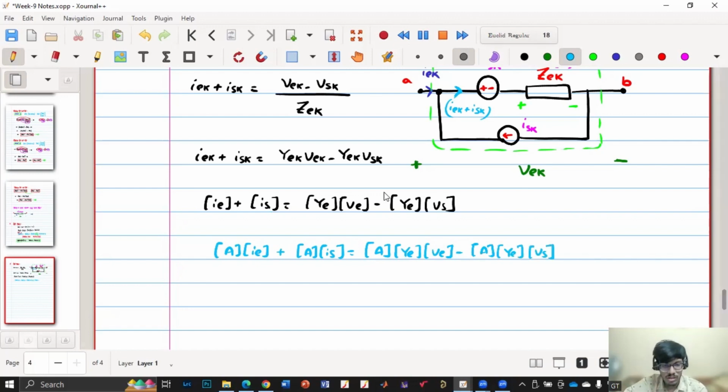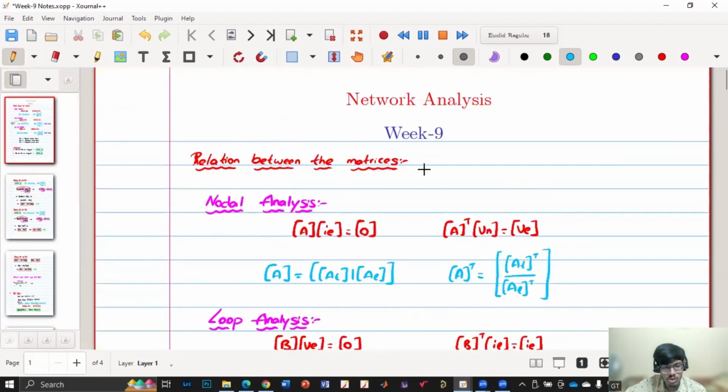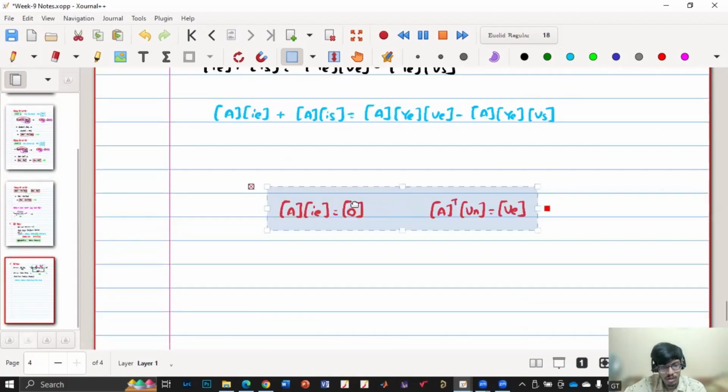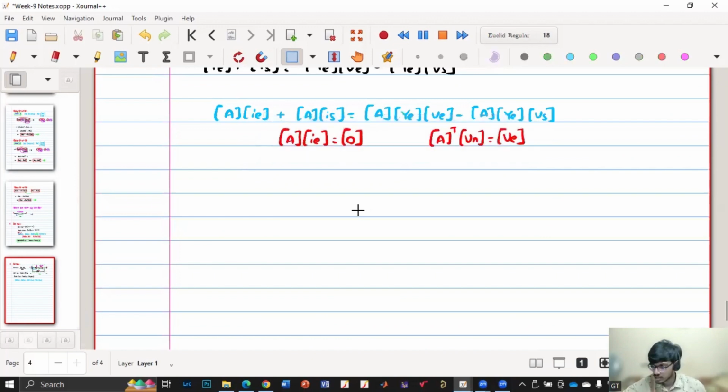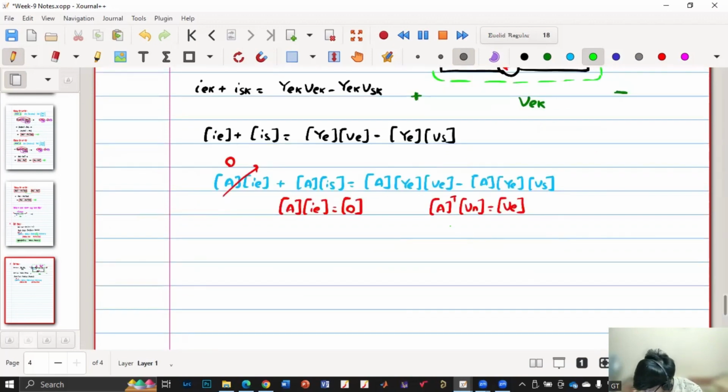So now we'll see what are the results that we have under the A matrix. So we have these two equations. A into IE is equal to 0 and A transpose into Vn is equal to VE. So I'll be using this. So A into IE is first of all 0, which means this value is 0. And in the rest of the equation, IS is given, YE is given, VS is given, A is also known. So only VE is the unknown. So you have to substitute VE over here and keep it in LHS and bring everything into the RHS side.